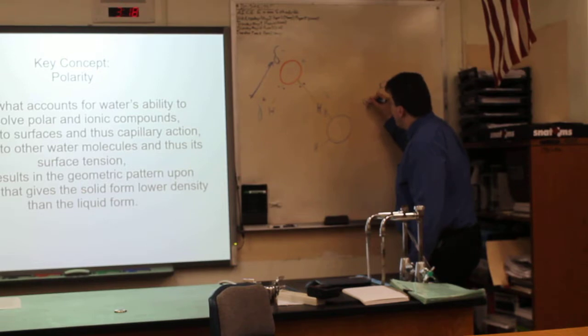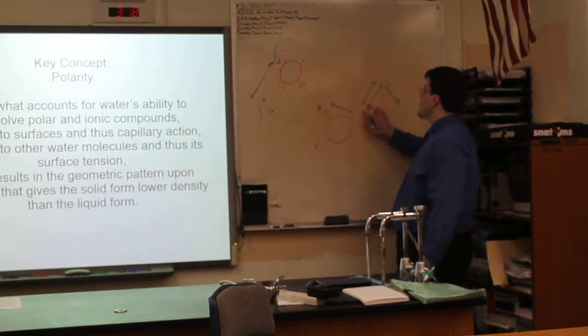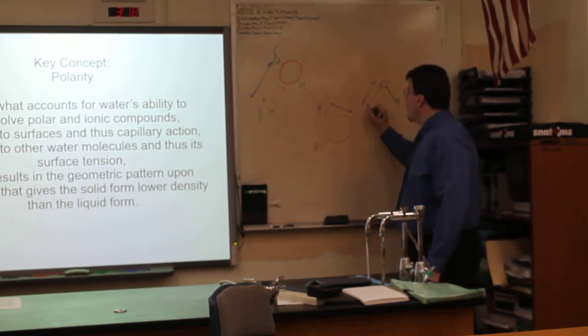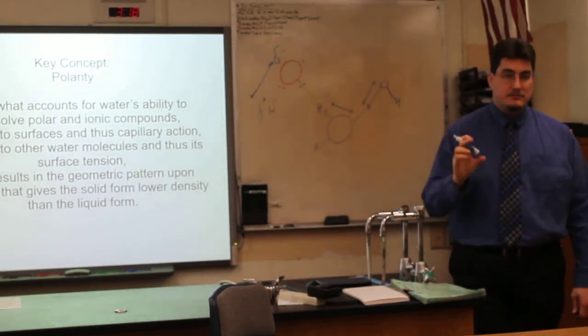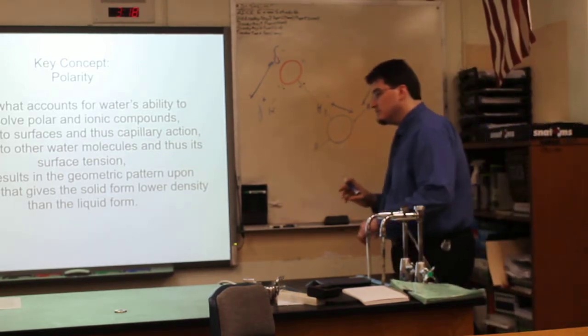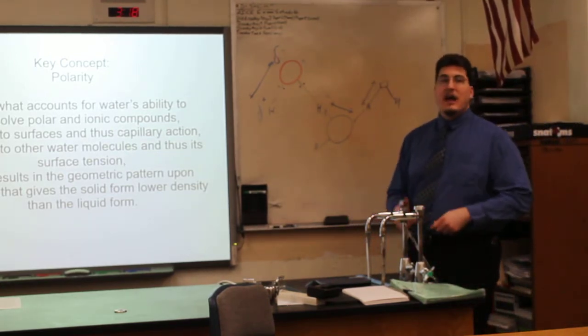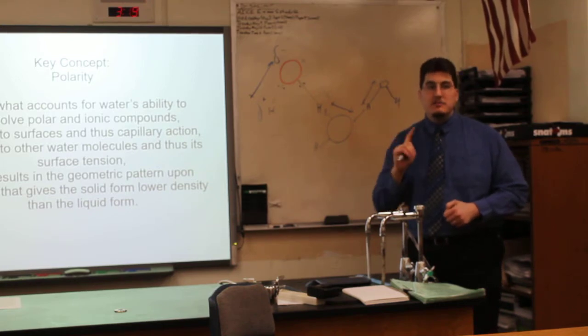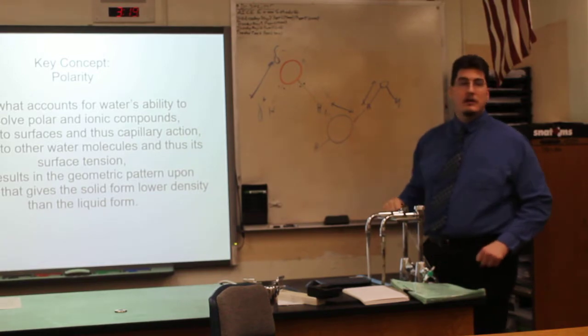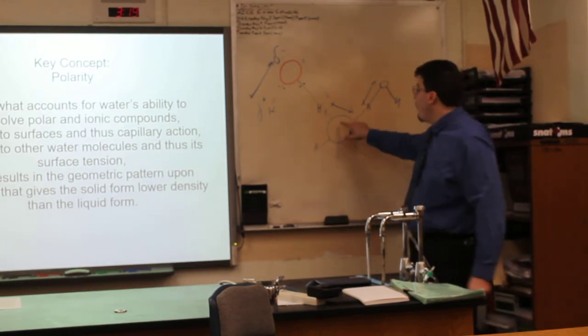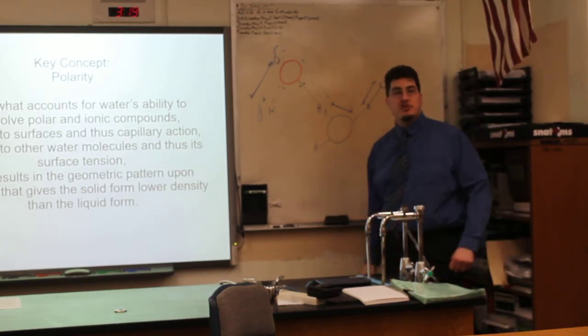The positive charge of this side to this side will attract, the negative and positive poles of these molecules will attract one another, forming a hydrogen bond. An oxygen atom on water can form one hydrogen bond with the hydrogen on another water molecule.